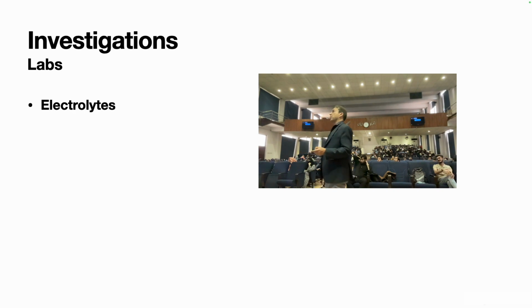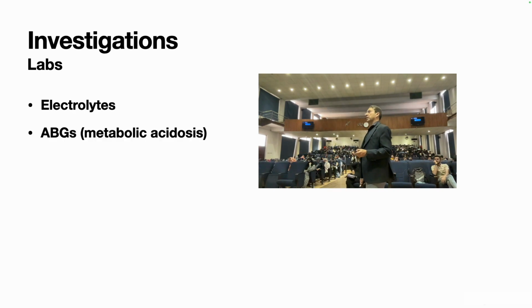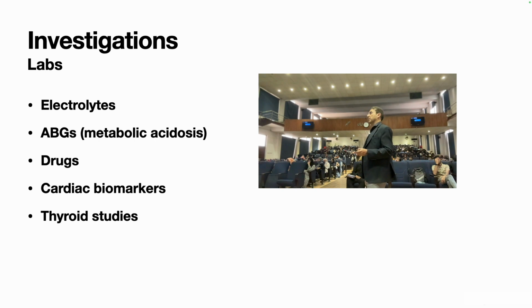Now what labs may be required if the patient has blocks? You may need electrolytes, arterial blood gases, since metabolic acidosis can produce various types of blocks, drugs, ischemic heart disease, thyroid studies. Which thyroid disease will cause heart block? Hypothyroidism.